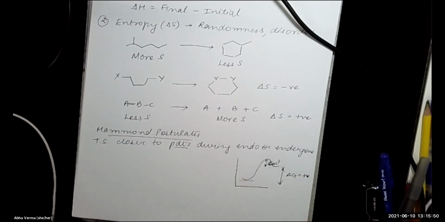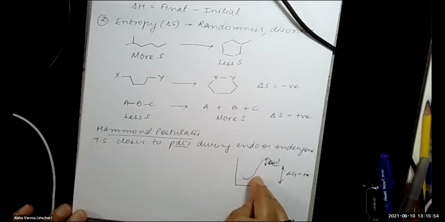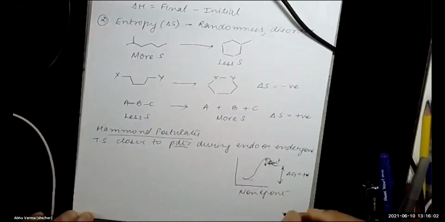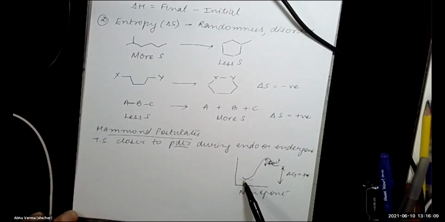We have to put in extra effort, for example some extra energy or some catalyst, for this kind of system to work. So we say these are non-spontaneous kinds of reactions, where the reaction favors the reactants.